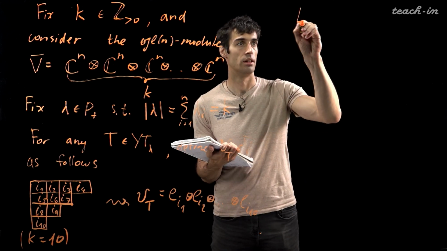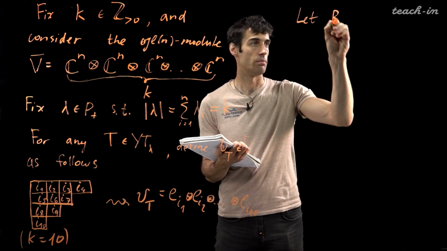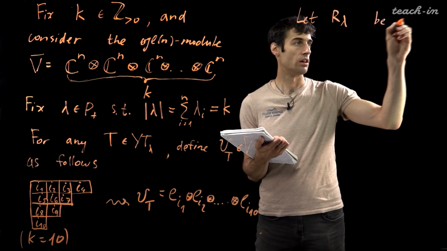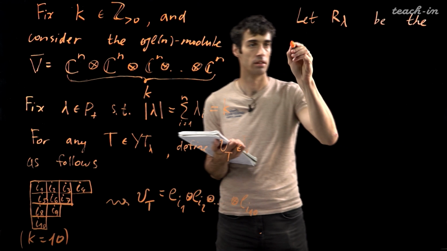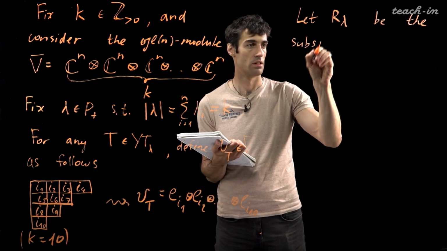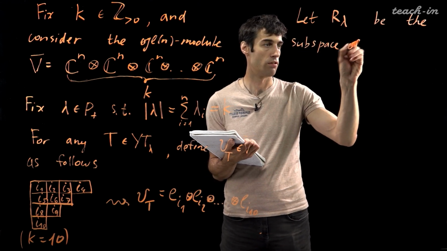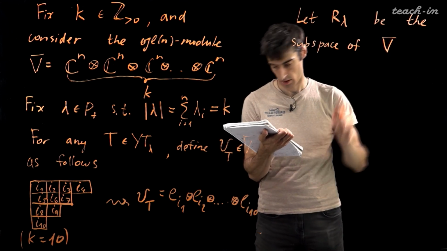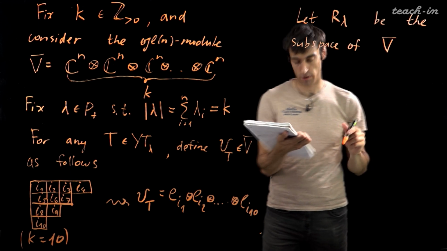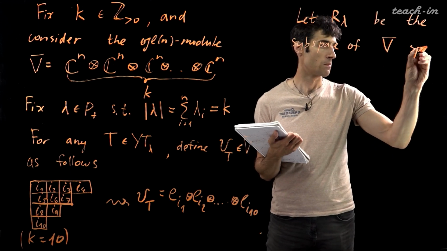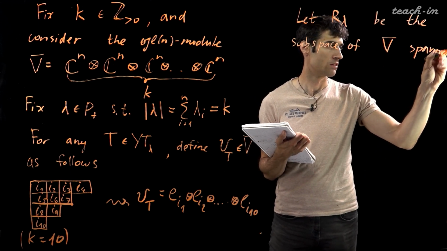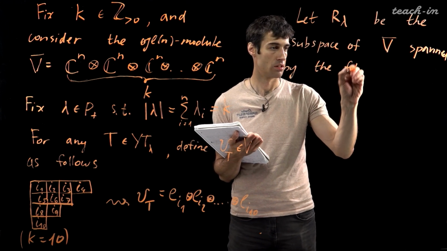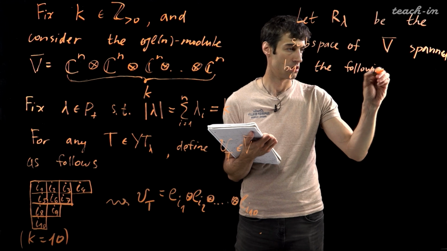So let R lambda be the subspace of V bar spanned by the following elements.